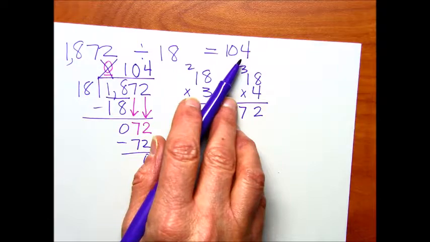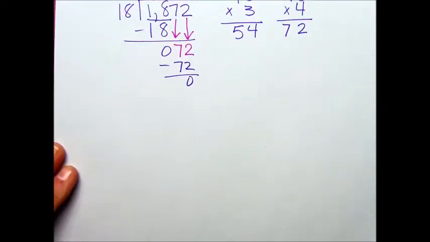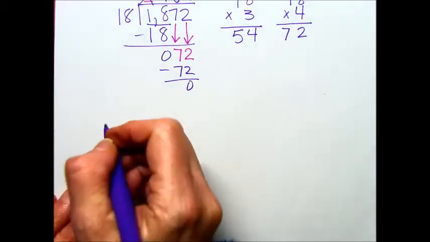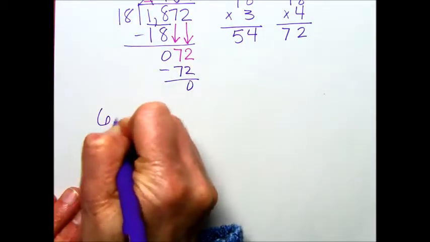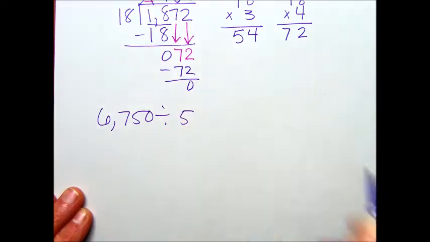And let's see, there is one other way I wanted to show you how to do division. Let's say we had 6,750 divided by 5.